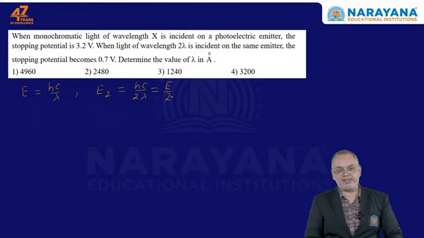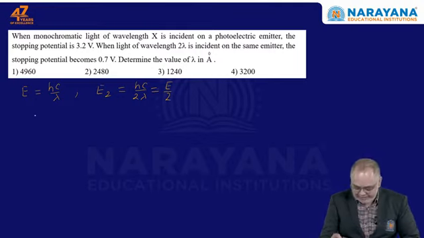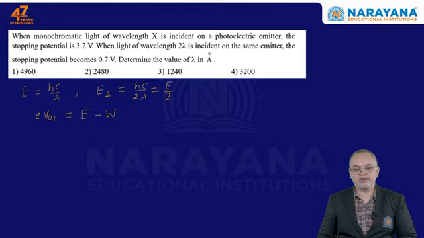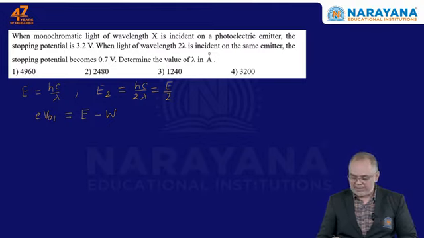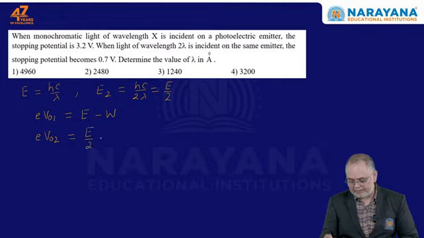So in the first case, we can write the equation for the stopping potential: E V naught 1 is equal to E minus W, the work function. So this is the first equation. Now the second equation, corresponding to the second energy E by 2: E V naught 2 is equal to E by 2 minus W.